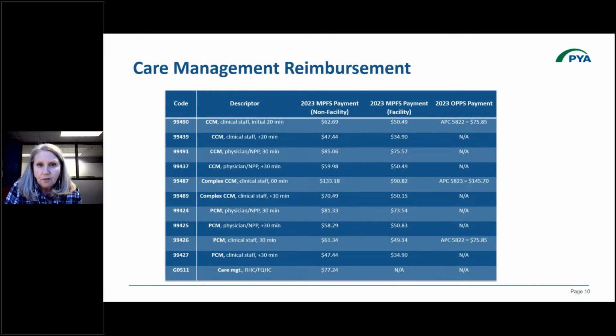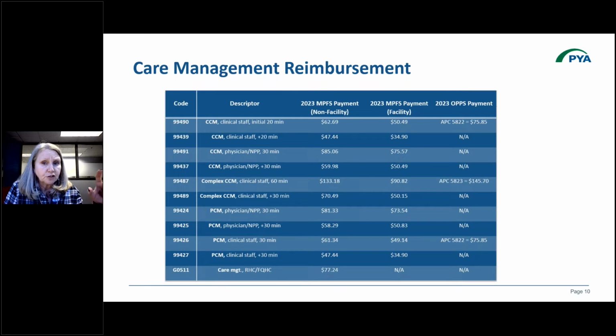Of note, G0511, which is the General Care Management Code for rural health clinics and federally qualified health centers, you'll see that's the highest of the reimbursement, except complex CCM, but it's higher because it is a blended rate of the care management codes.